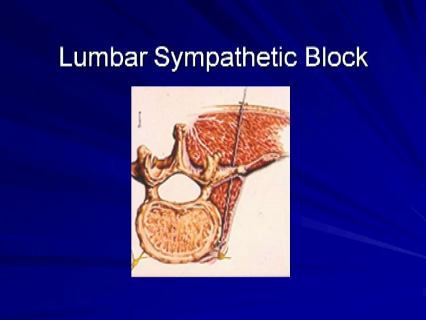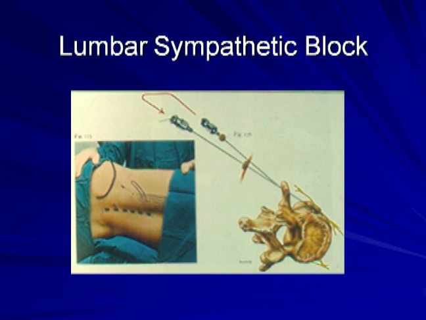So this is a patient in the lateral position, needle going in, and the needle being placed in the anterolateral aspect of the vertebral body near the sympathetic chain. Here's one here, here's here. And so your needle goes right here.